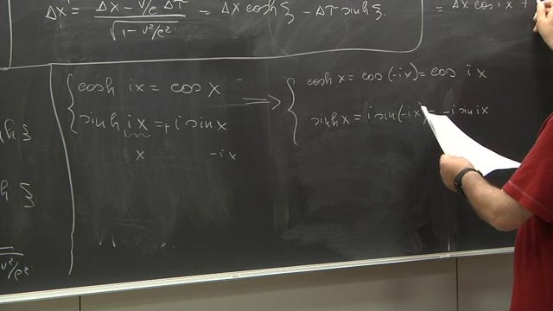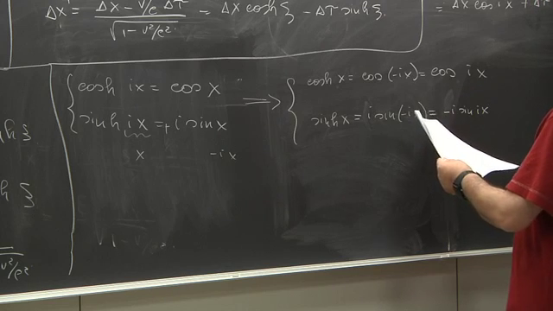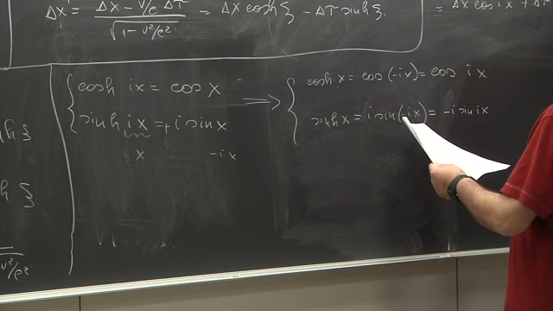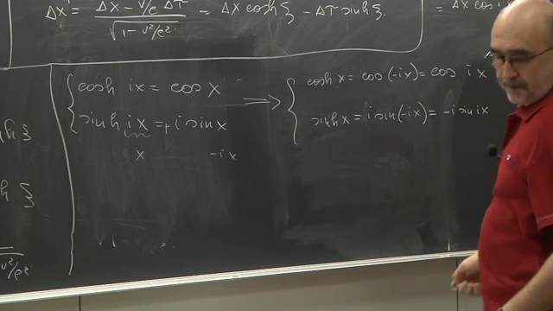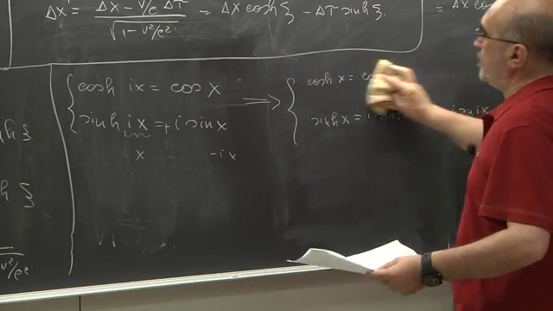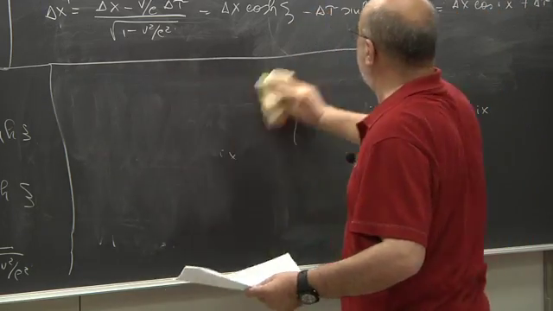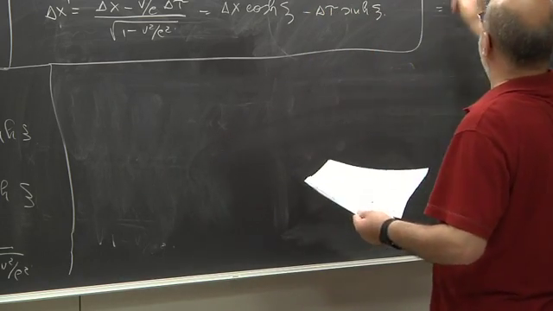There is something wrong, but okay, it's a problem of sign, I don't care very much. i sin ix. So check at home these things. I just wanted to show you which structure comes out with that cosine hyperbolic and sine hyperbolic.